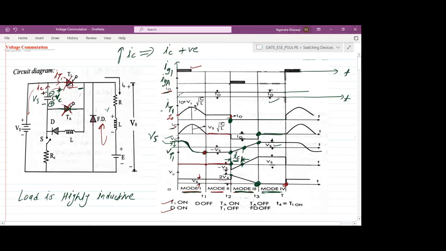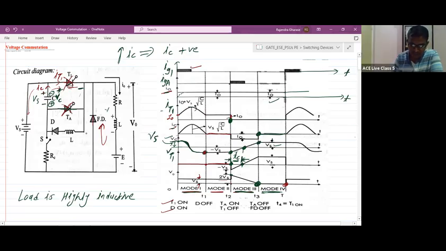But the freewheeling diode is taking the charges from that inductor, no, sir? No, the freewheeling diode is in the off state. When this TA is in the on state, at that time the freewheeling diode will be in the off state.